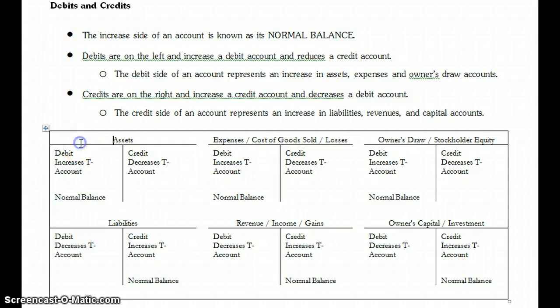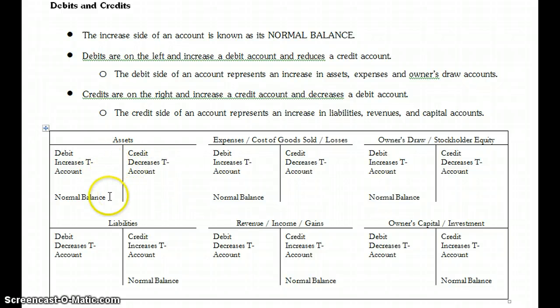A debit side with this normal balance is going to be the increase. Think of it as a deposit into your bank account. That's going to increase this account. When you go to pay a bill, you're going to decrease this account. So it's going to be a credit on this side. So you are going to be utilizing both sides of the T account.